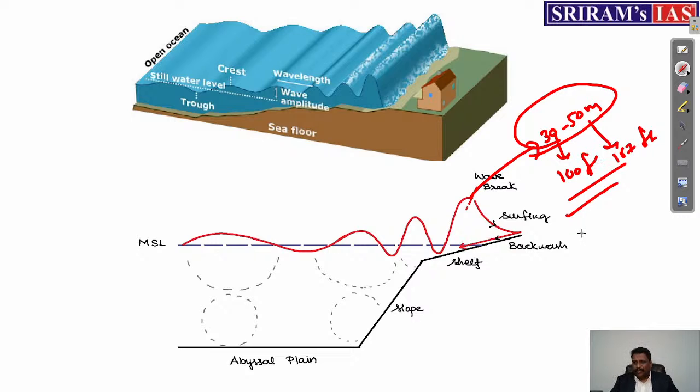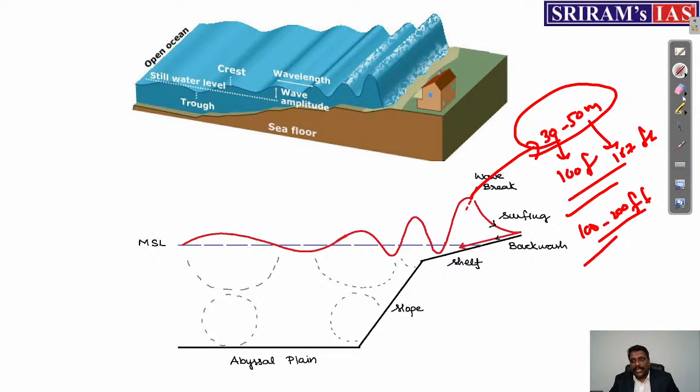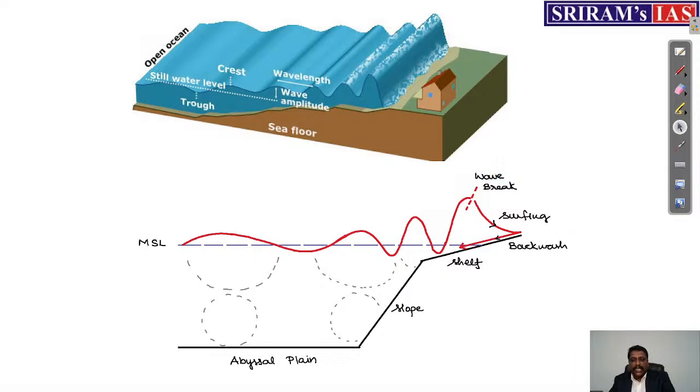Maybe 100 to 200 feet. Why take all the small numbers? It means the height of the water can rise to somewhere around a 10 to 20 story building. Imagine, it becomes so gigantic in nature.